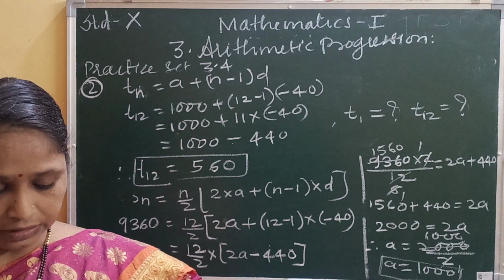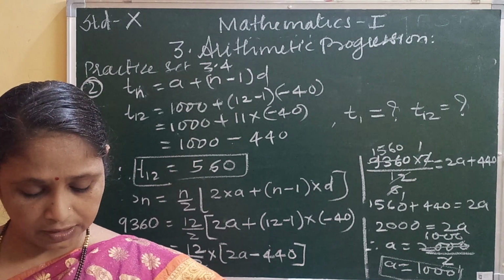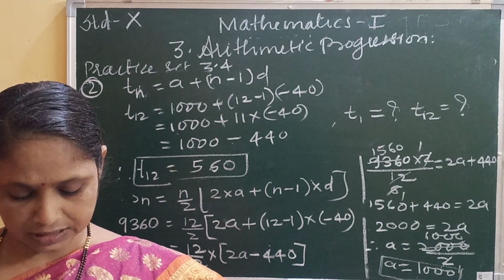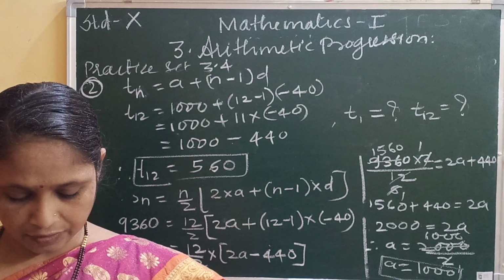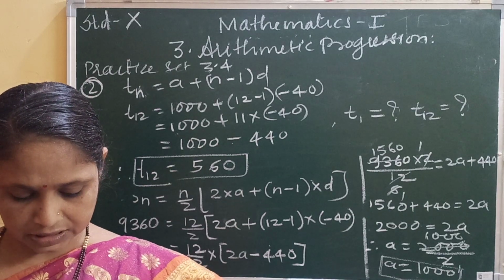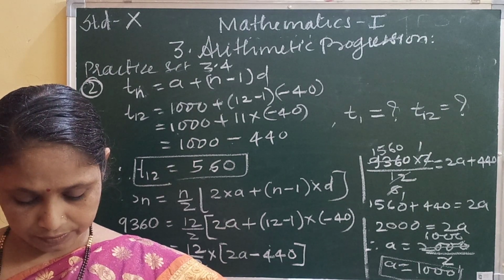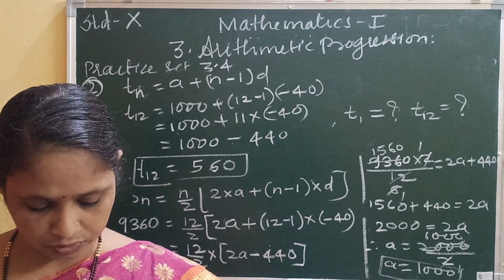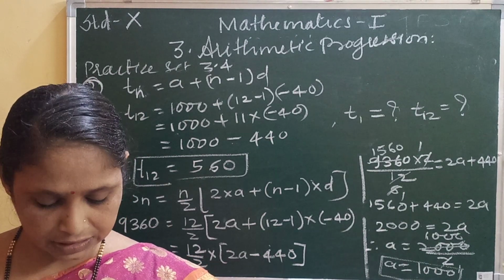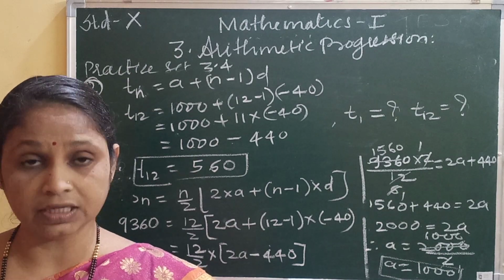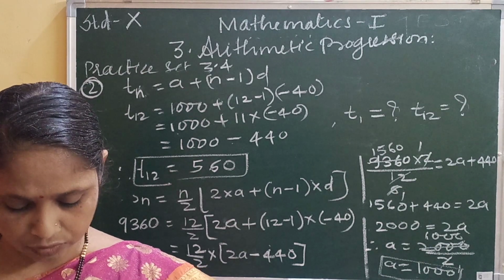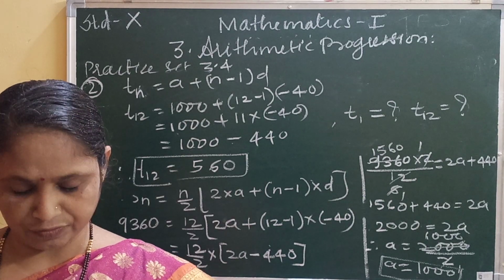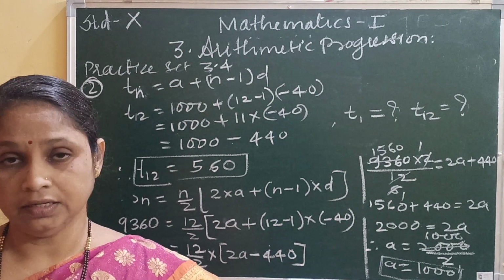Now the third example. See, what is the third example? Sachin invested in a National Savings Certificate scheme. In the first year he invested 5,000. In the second year he invested 7,000 and in the third year he invested 9,000 and so on. Find the total amount that he invested in 12 years.